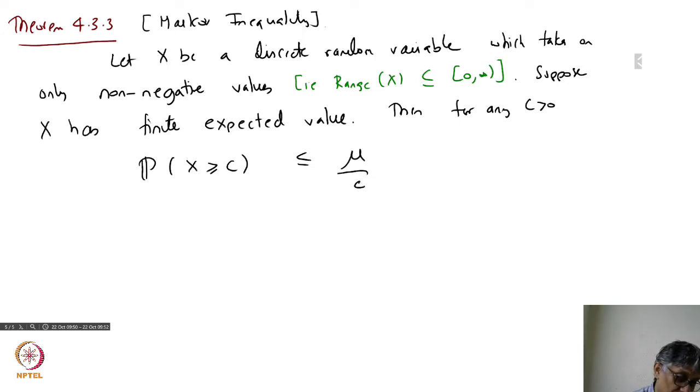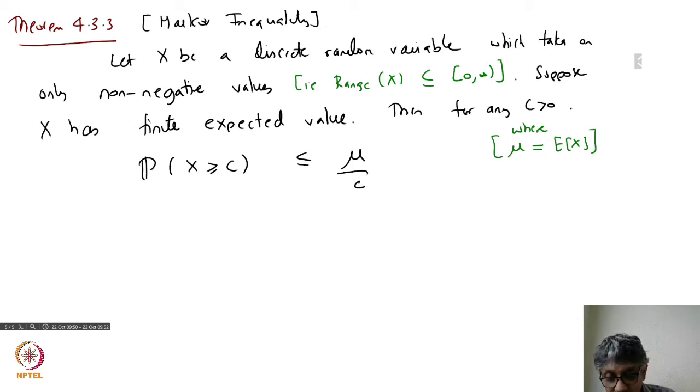So mu, as before, is always E of x. So something very useful: the chance that x lies above c is at most mu by c.